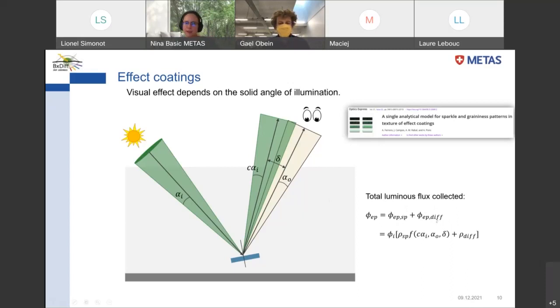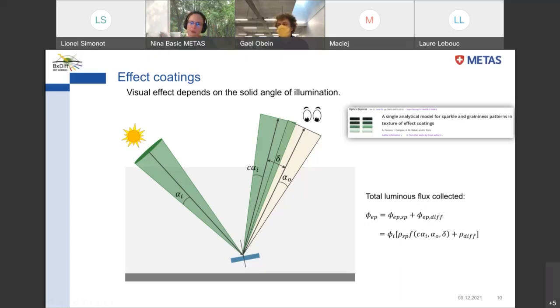So let's go a bit deeper into that. The diffuse one is really just from the binder, from the first coating of the binder, from the substrate, from all of these particles that are still inside, from multiple reflections of the pigments and so forth. That is all taken into account in this diffuse part of our total luminous flux that we collect.